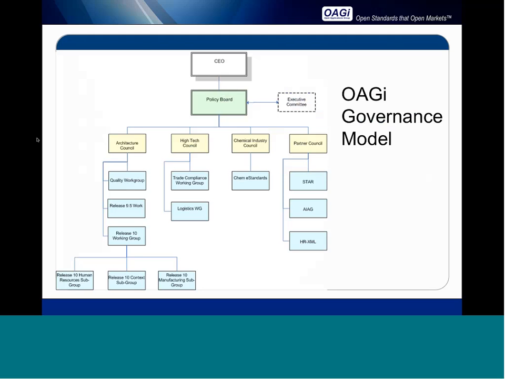There's Release 9.5 work, and actually 9.5 is released, and so we'll begin another cycle for 9.6. And there's the Release 10 Working Group with various subgroups. The Partner Council includes STAR, OAGi, and HRXML, and we'll discuss those in just a couple minutes when we talk about collaborations.